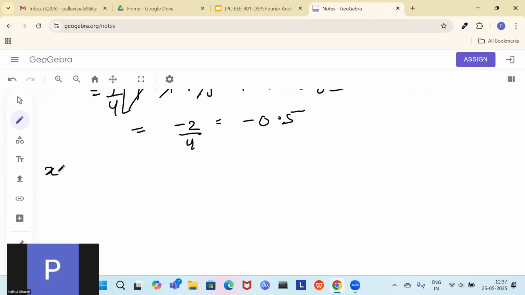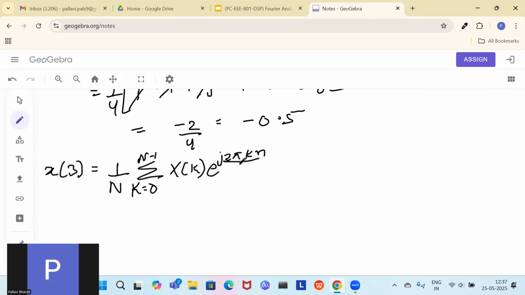Now same way, let's take out the last one, that is x3. The value at x3. So write the formula once again. 1 by N, sum over k equals 0 to capital N minus 1, X of k e to the power j2 pi k n by capital N. Fine. So now 1 by N, capital N was 4.